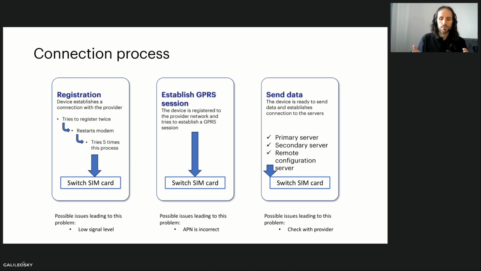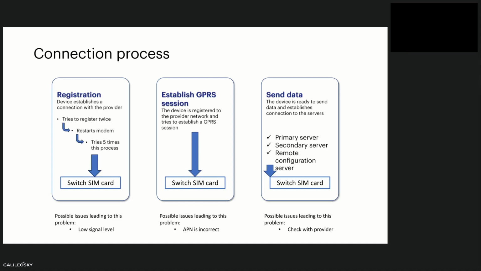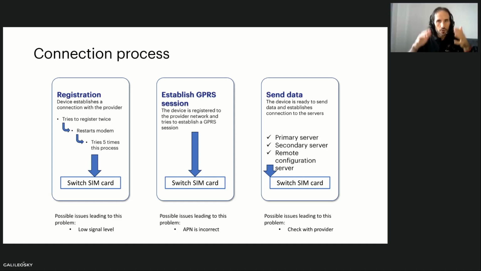The device starts from 0 and resets the modem. If you go to the diagnostic section and check the option CC modem, you can see how these 3 phases appear one by one. The first one is the registration. Registration is that your provider lets you in.